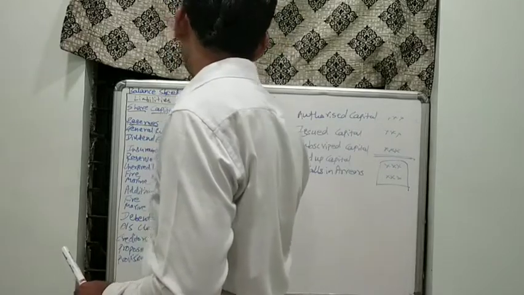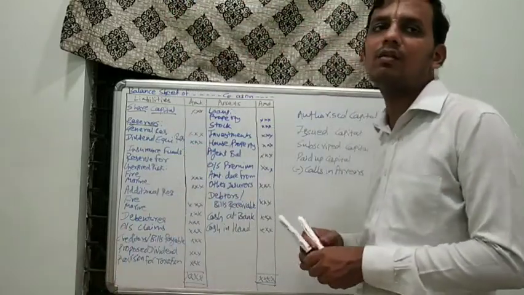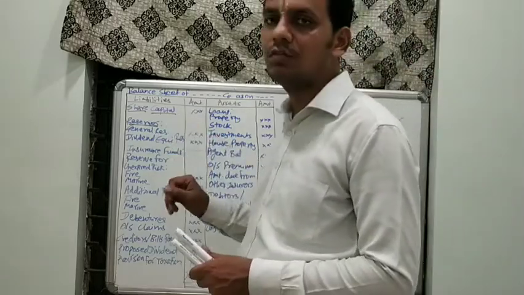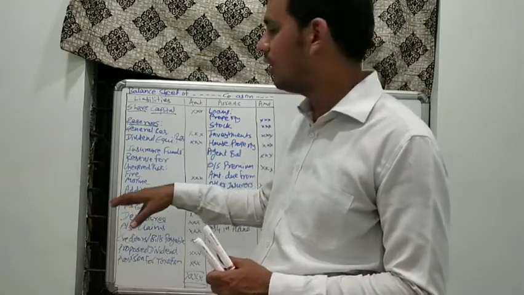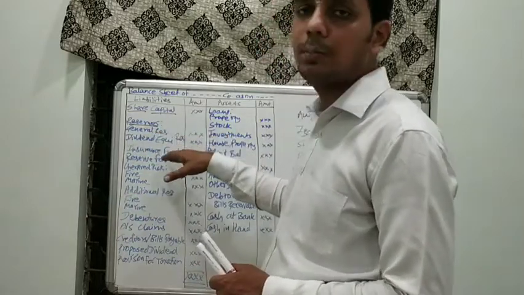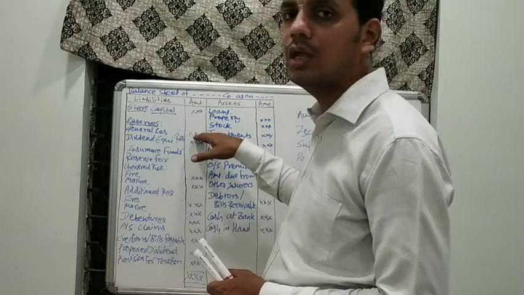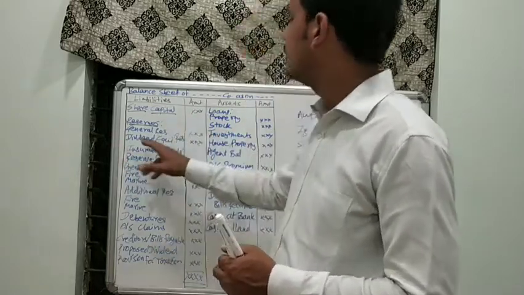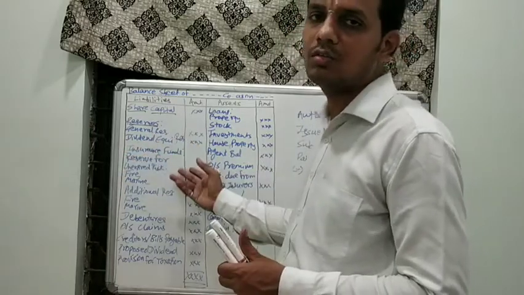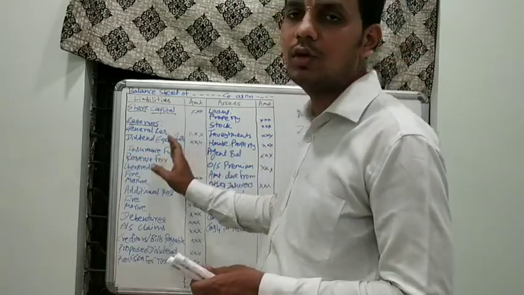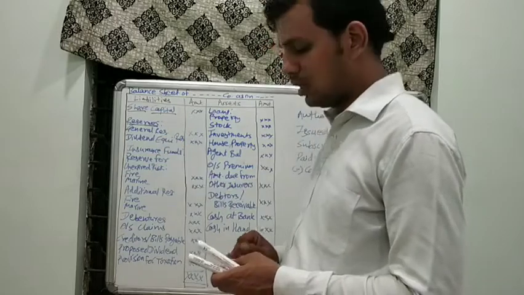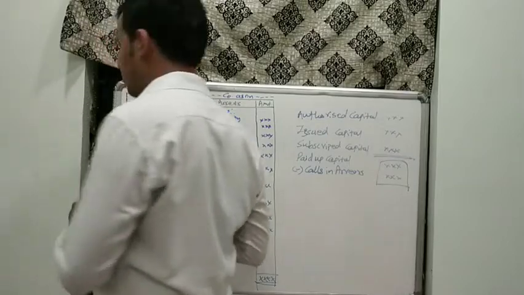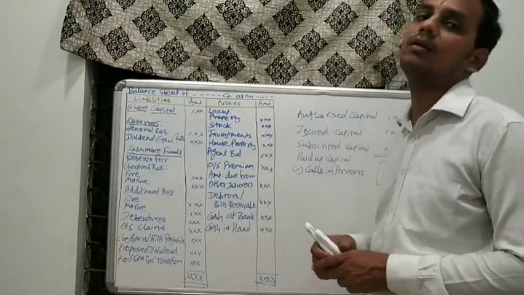If the opening balance of that reserve is given in the question, we have to take the opening balance of, say, general reserve plus whatever additional transfer we have made, make the total of both of them and transfer it to the column of amount. Both the total would be made in the inner part. Then for dividend equalization reserve or bonus reserve fund, all those kinds of things we have to take into the part of reserves. The third thing would be the insurance fund, also known as reserve for unexpired risk.